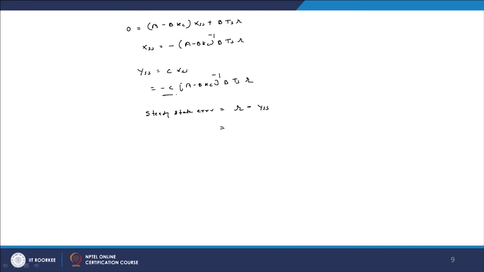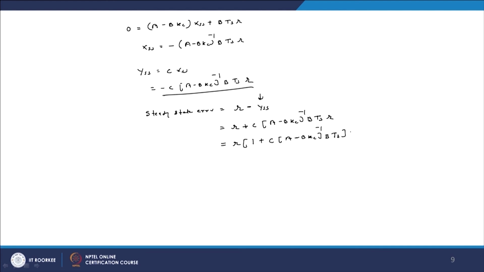So now we replace the value here, and we can write down R plus C A minus B Kc inverse B into Ts into R. Now take R common: 1 plus C A minus B Kc inverse B into Ts.